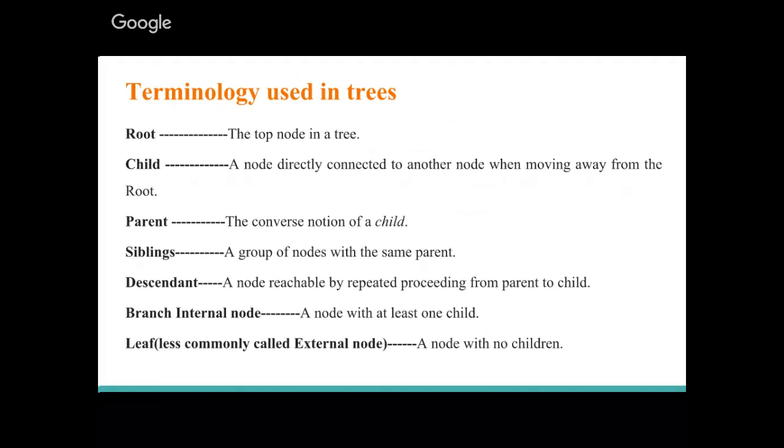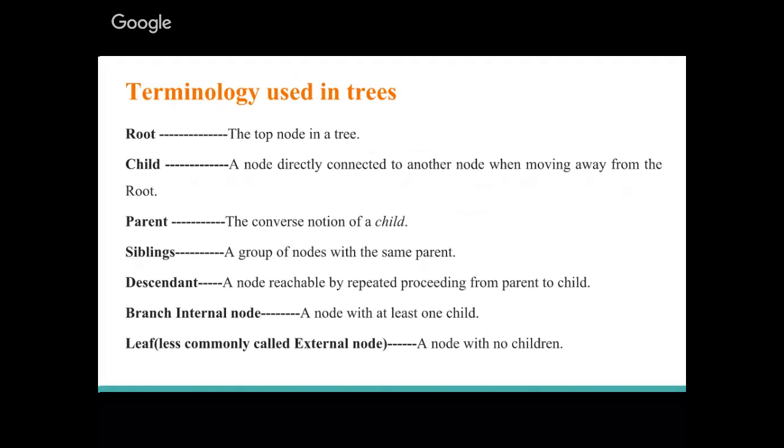So root is the topmost node of a tree. The child is a node directly connected to another node when moving away from the root. So if your root has two elements, those two elements are the child of root. Parent node is the converse notion of child.